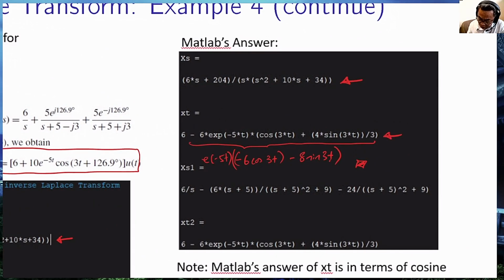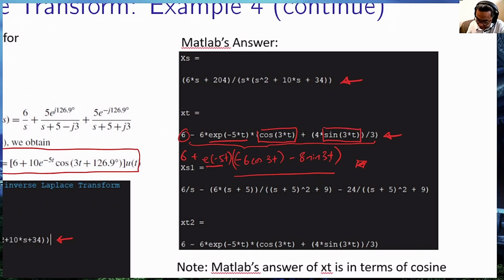The answer looks a little bit different from our answer, which is here below. Let's inspect it more carefully. Well, the 6 is there, as well as we have exponential minus 5t, which is here. The difference is that we have cosine of t as well as sine of t, sine of 3t and cosine of 3t.